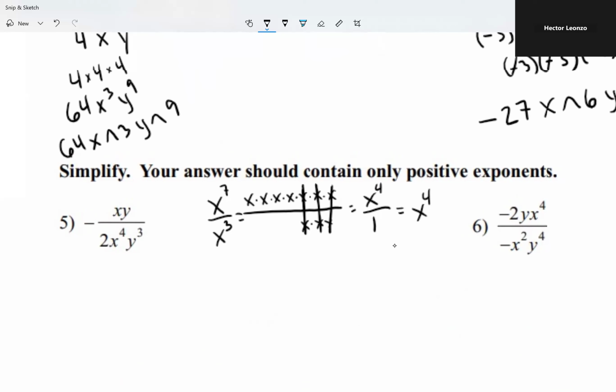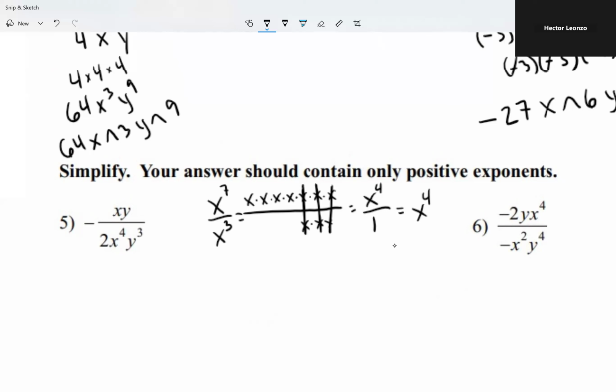Let me say that again. When one of the sides of your fraction is empty, fill it in with a 1. If your 1 is on top of the fraction, you still have to write it as a fraction. If the 1 is at the bottom of the fraction, it stops being a fraction.